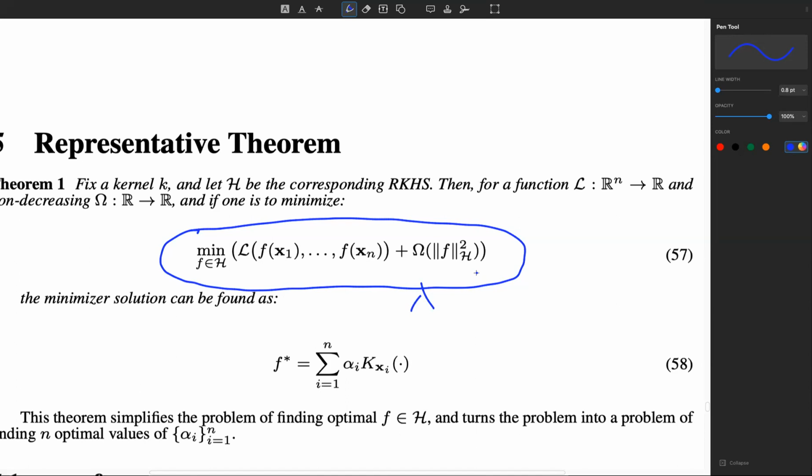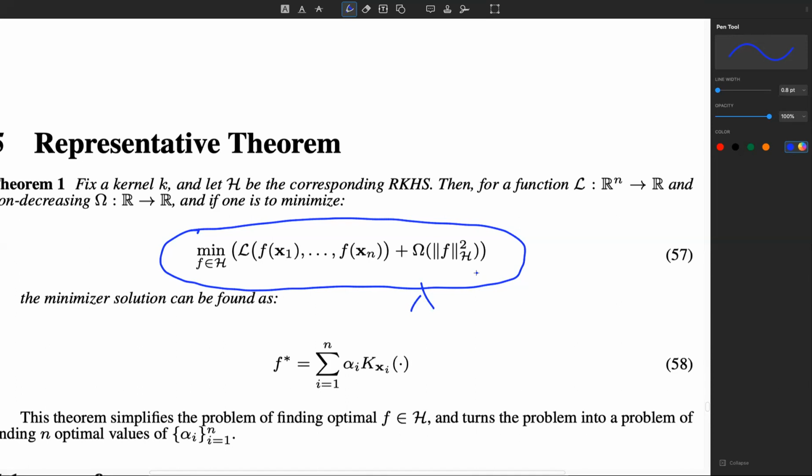However, the representer theorem says that if you have your objective function in this form with your regularizer, which is a non-decreasing function, say, times a positive number lambda, the solution must be this.